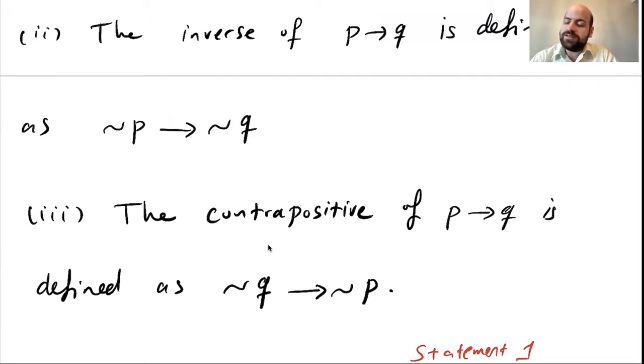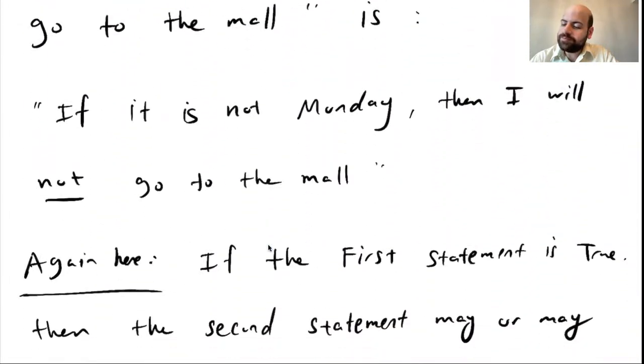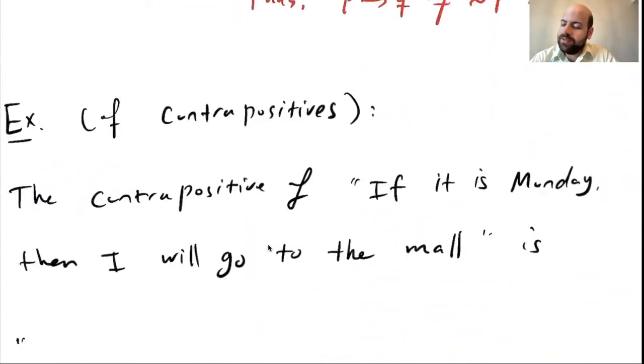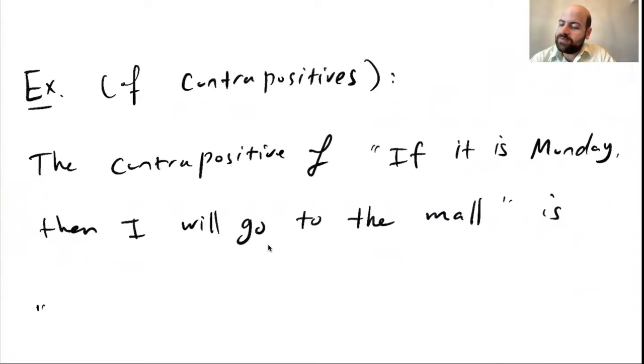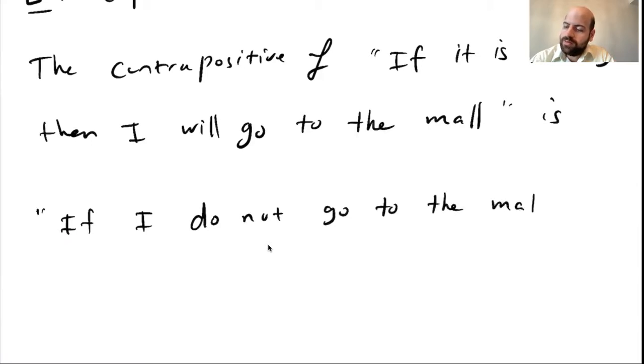Therefore, the contrapositive of "if it's Monday, then I'll go to the mall" is: if I do not go to the mall, then it cannot be a Monday.